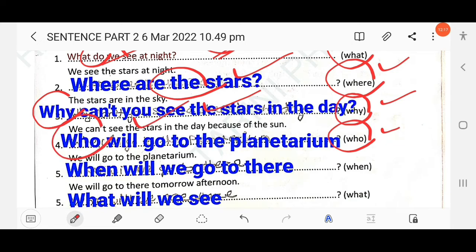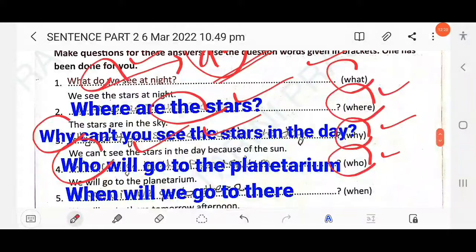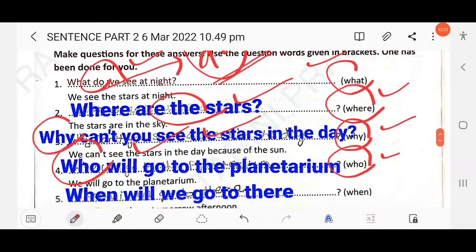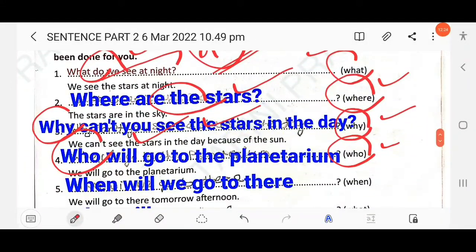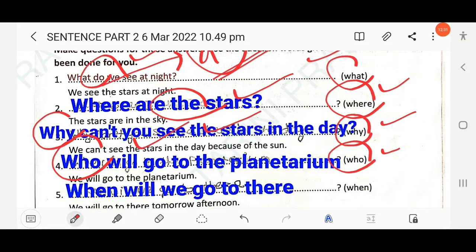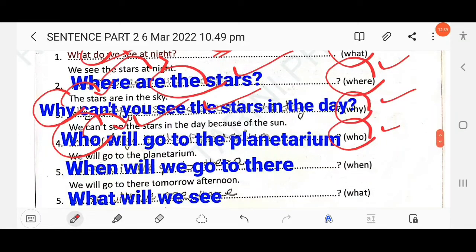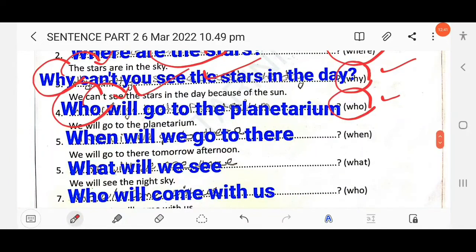So just follow the same structure in each answer. Just look at the screen. Where, then verb. That means WH word, then verb. Why, then can, verb. Then who, then verb will. Then when, verb will. The same structure will also be followed in WH questions.